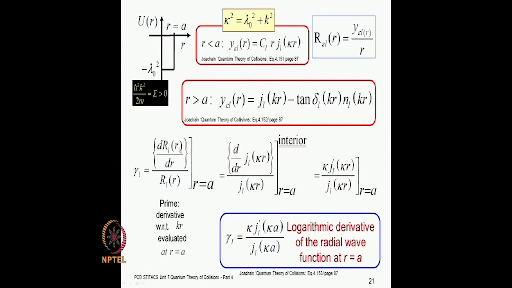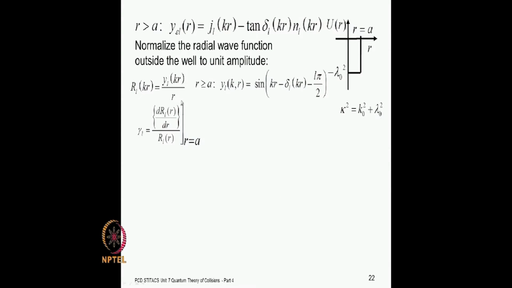We have the expression for the continuity of the logarithmic derivative coming from the continuous nature of the radial function and also its derivative. And what happens as a result of this is that when you exploit the continuity of the radial function and its derivative, you have the corresponding expression for the outer region.